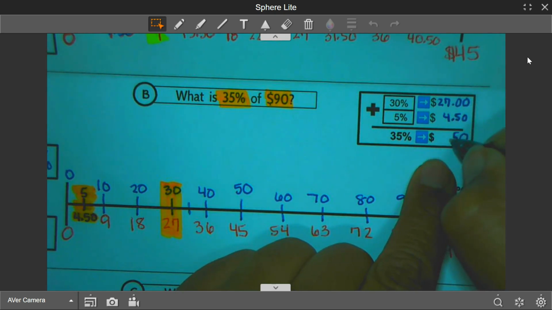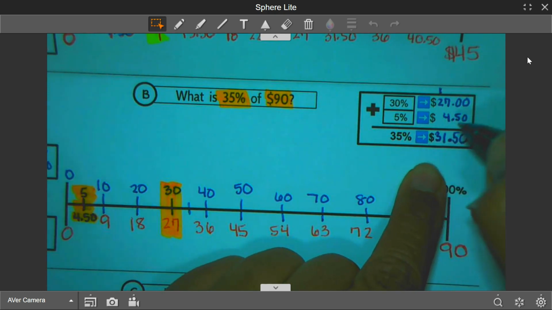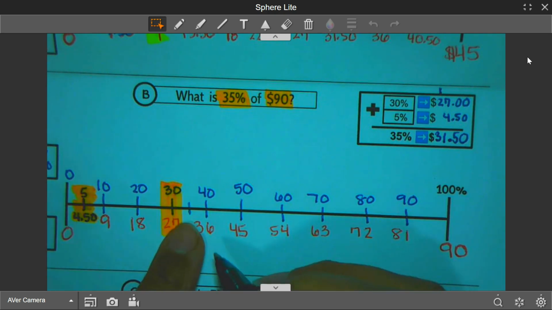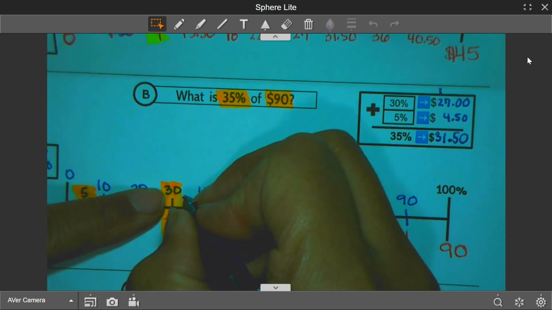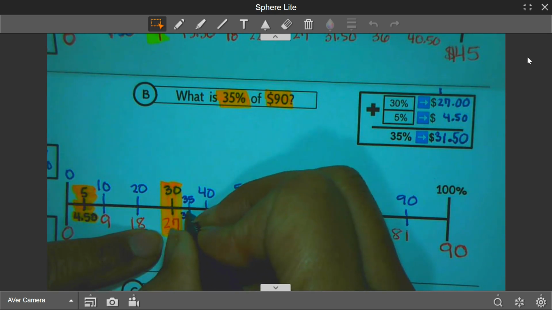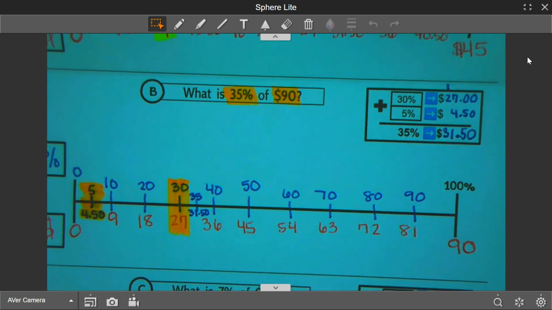I have my decimal, 7 and 4, 8, 9, 10, 11, regroup, and then 3. So I have $31.50. Let's see, if that's 35%, $31.50. Yep, that falls in between, and that is correct.